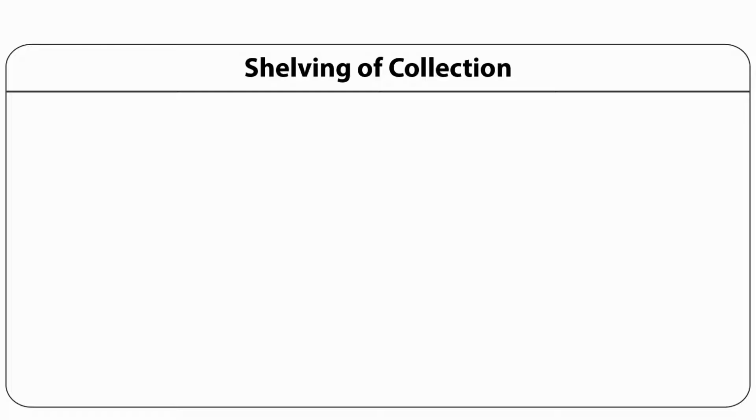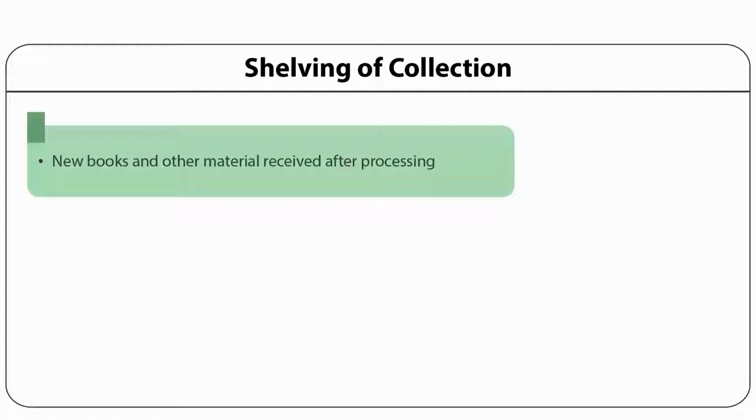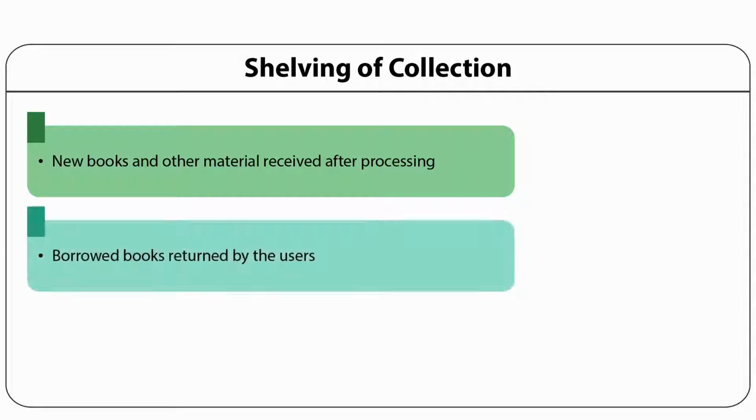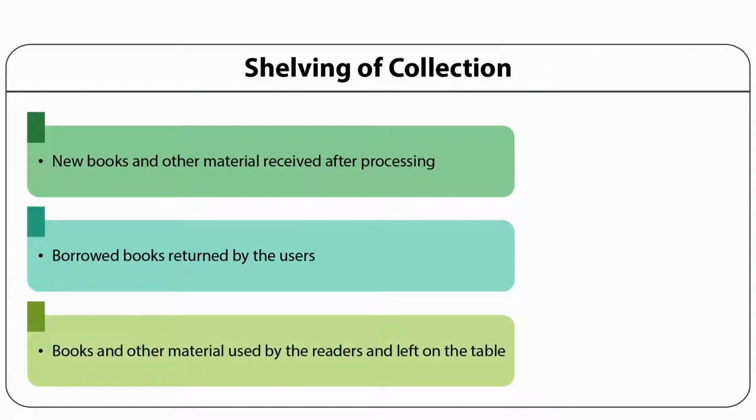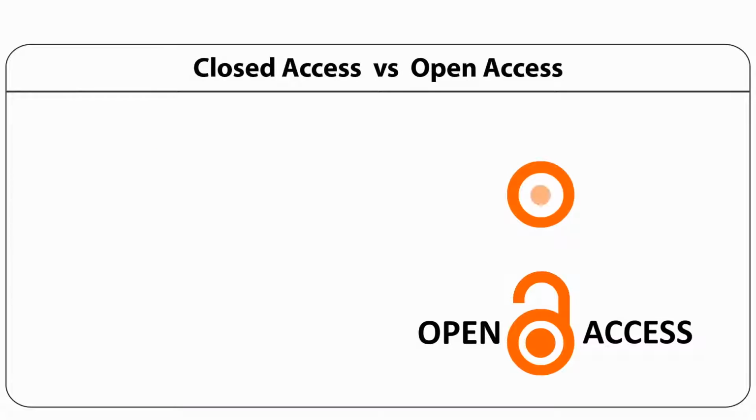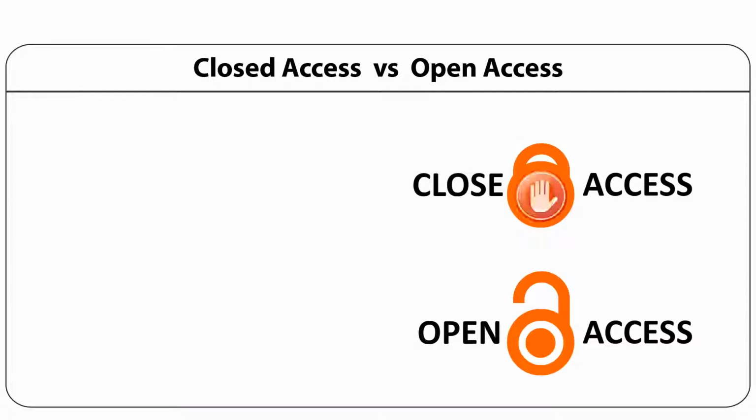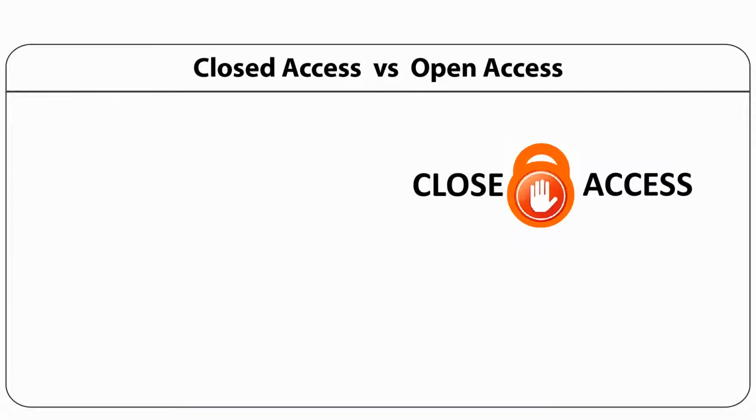The library material to be shelved are new books and other material received after processing, reshelving of borrowed books returned by the users, and books and other materials left on the table after reading. The shelved collection is kept under closed access system or open access system.